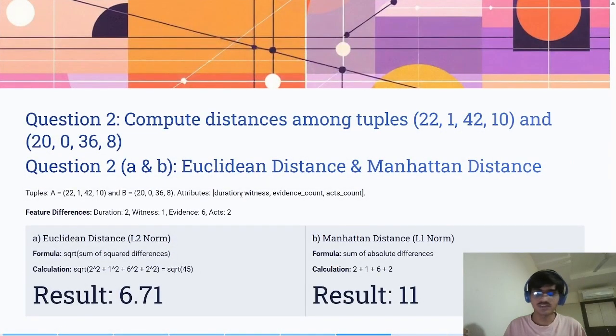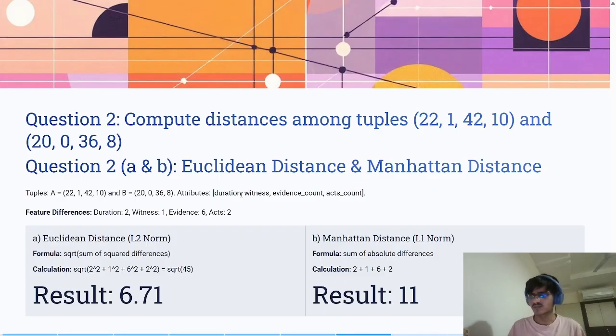Now here comes the second question, which gives us tuples or cases, 22, 1, 42, 10 and 20, 0, 36, 8, representing incident duration in minutes, witness present, exhibits evidence item count, and alleged X count.